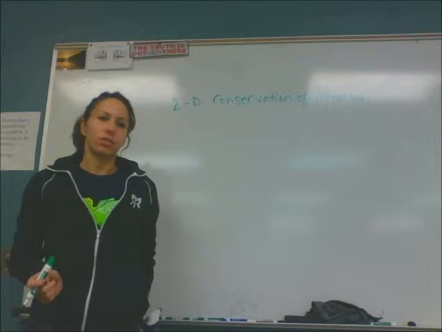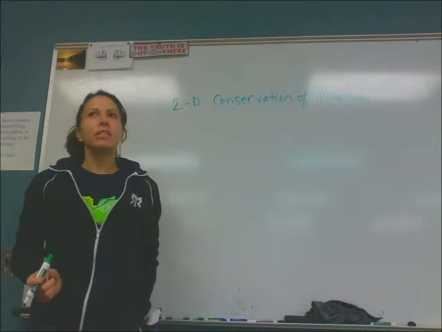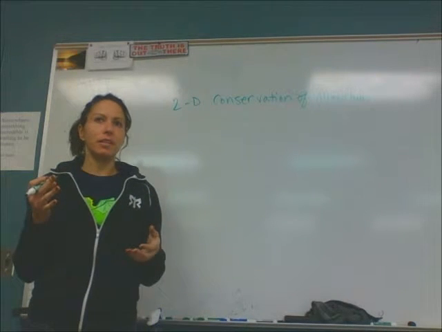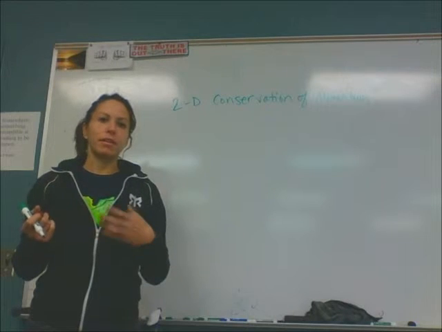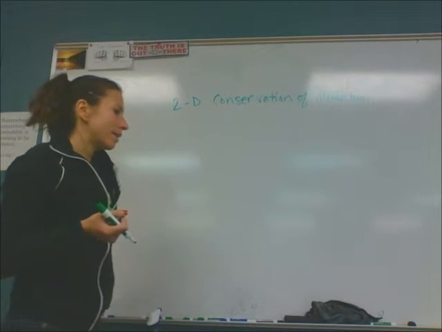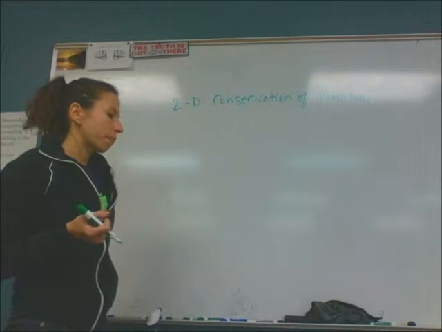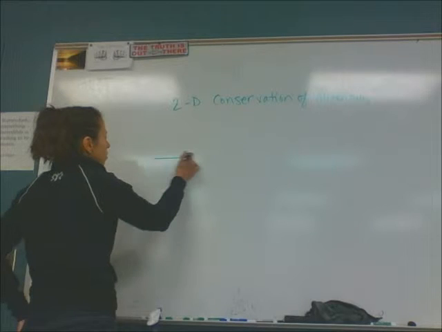I guess the easiest way to do this is to start with examples. So let's do a couple of examples and then you'll practice on your own, okay? Let's say that you have two objects that are coming at each other, but perpendicular to one another.